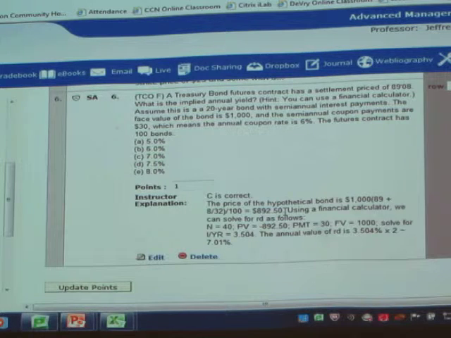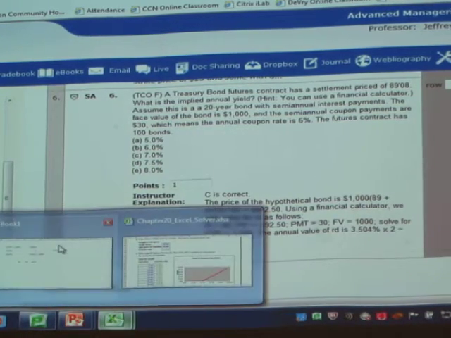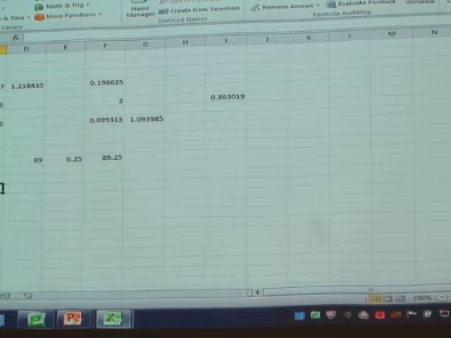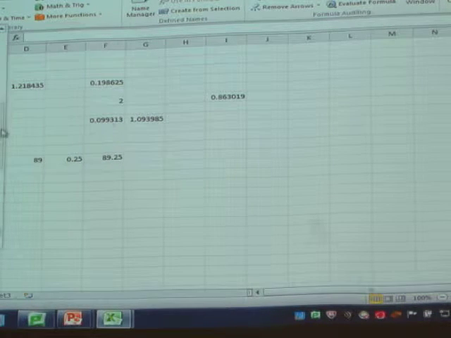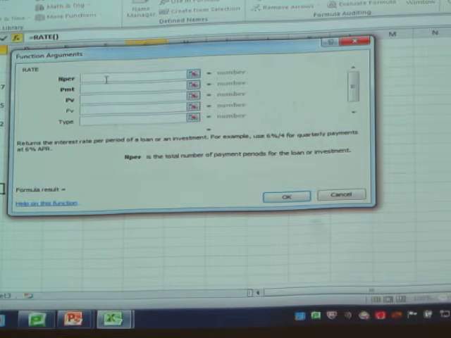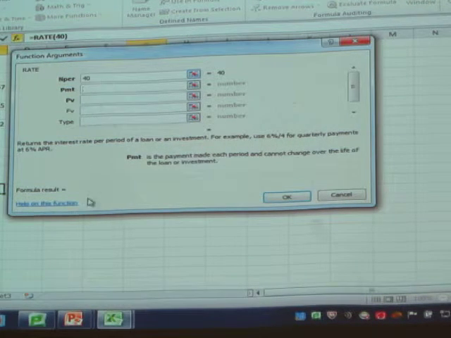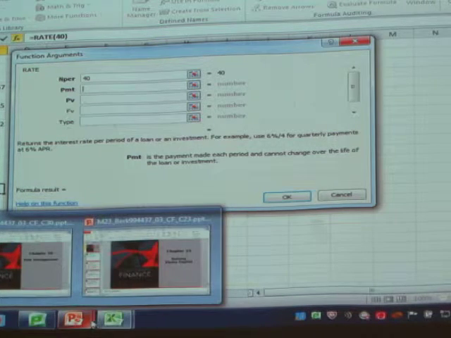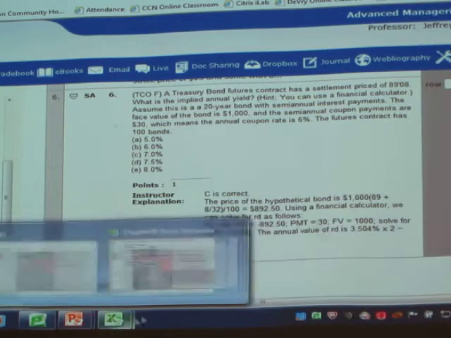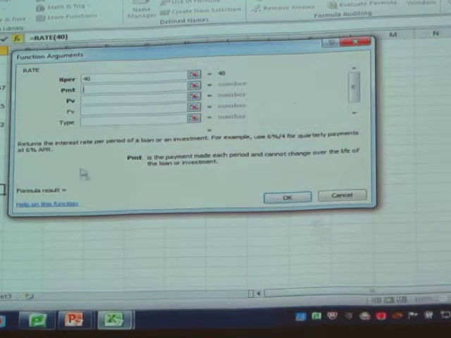What we can do for that is plug it into Excel. We have a financial rate function we can use. So what they said was 40 periods. What was the coupon payment? $30.